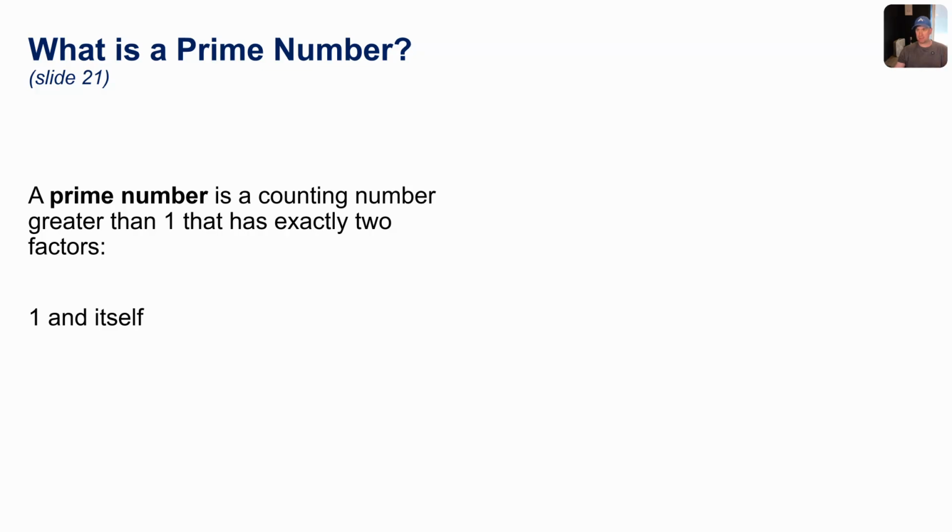So for example, 1 times 7, which equals 7, is the only 2 factors that 7 has. So because 7 only has 1 times 7, 7 is considered to be prime.